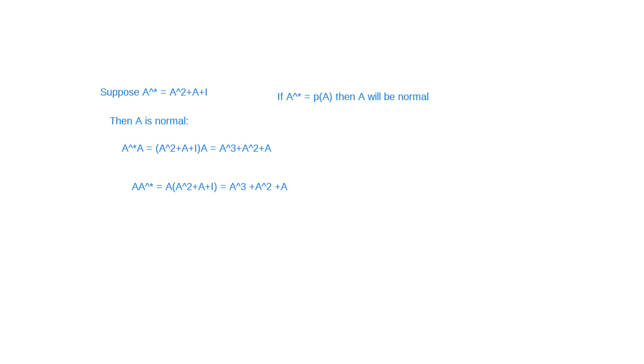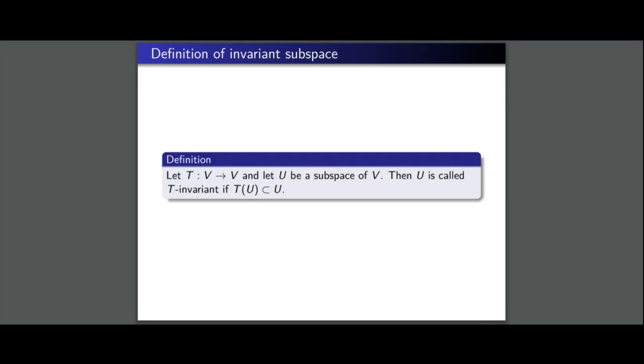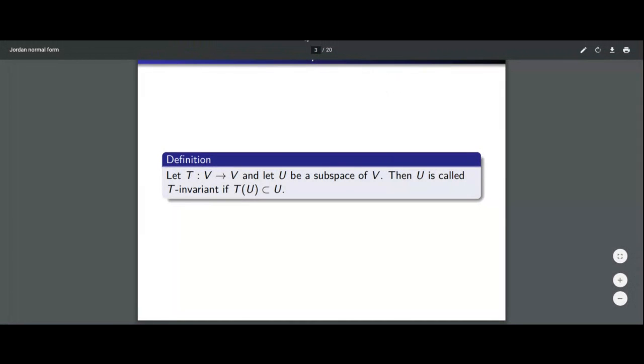Just to remind you, or if you don't remember, that's okay, but if T is a linear transformation from V to V, then we have the idea of a T invariant subspace. U is called T invariant if T of U is a subset of U.